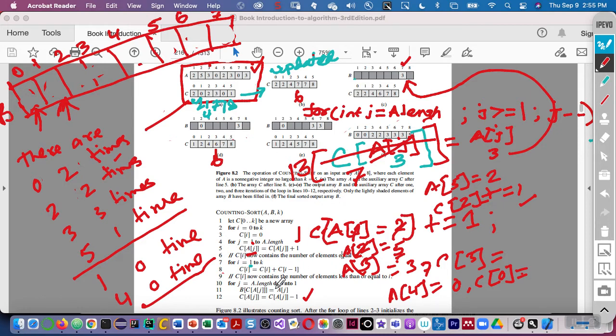Now let me go with this one again. Then what will go? It will come to this element, right? J will be decreased by 1. So next time J will be this one. Then A[J] will be 0, right? Next time it will come to this element.